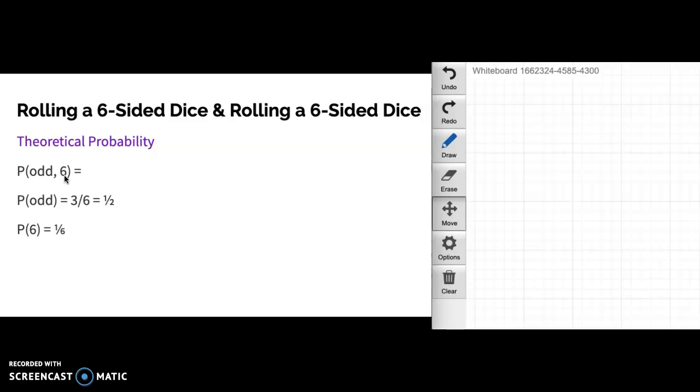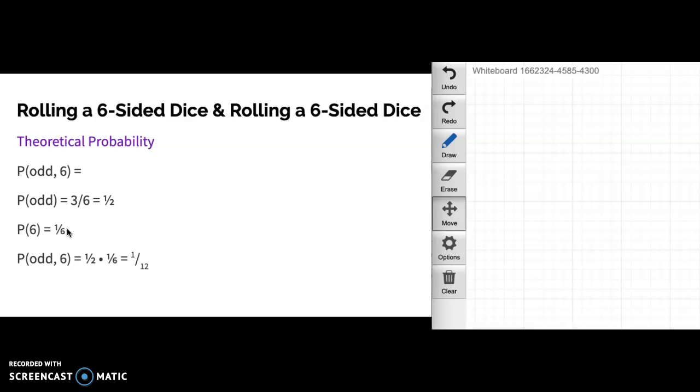Then to find the compound probability, we take the probability of event A and we multiply it by the probability of event B. Remember, to multiply fractions, we multiply the numerators, then multiply the denominators, and then simplify if needed. So 1/2 times 1/6 is 1/12.